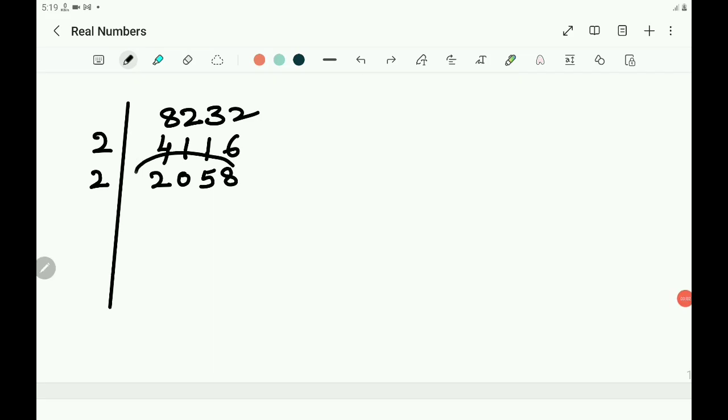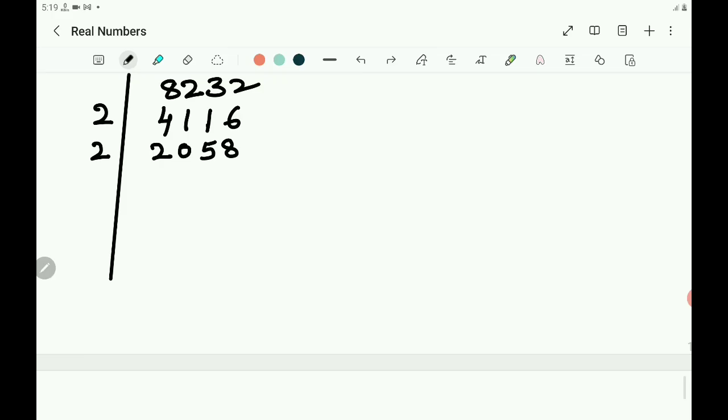Now you got 2058. This is also divisible by 2 because the unit digit is 8. It is an even number. Then you divide it by 2. Here you consider 2. 2 1s are 2. Next 2 zeros are 0. Then 2 2s are 4 you will take. 5 is not in the table of 2.